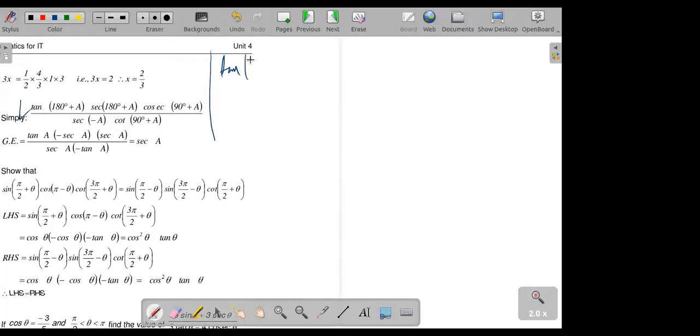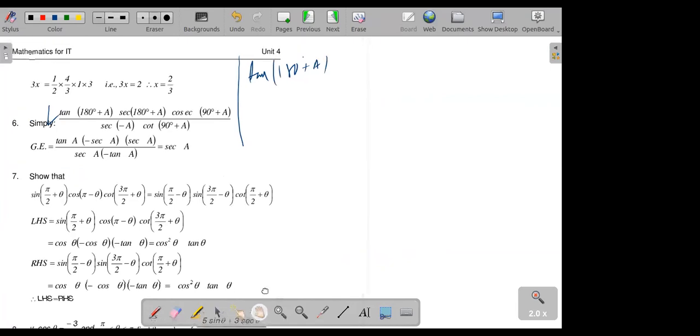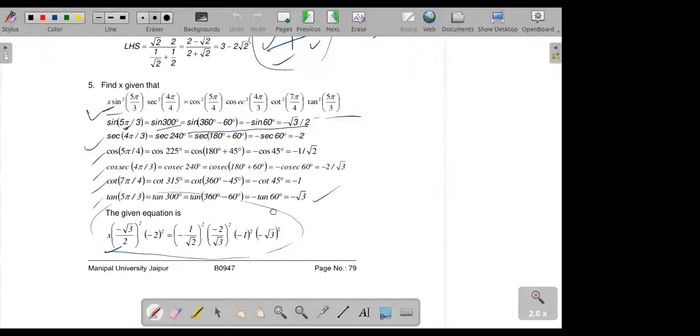Before this, there was another question with a different 180 degree format. Can you check that? No, that was not in a different format. It was an equation with a simple variable x. The value of trigonometric ratios was given there. I will tell you which one. Yeah, this one.